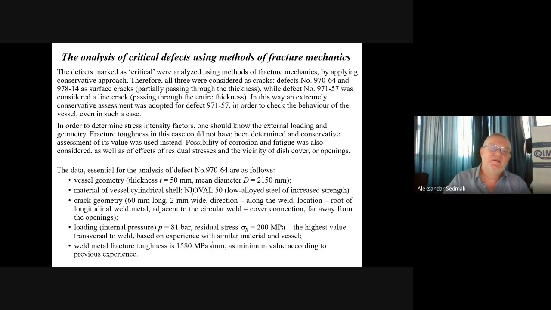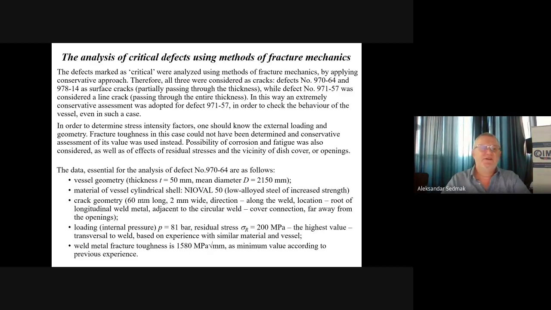Welding had to be performed very carefully, and we knew about the team who did it, and they were good, but still, just to mention that we didn't know if post-weld heat treatment was performed or not. So we had to use the worst case scenario for material property, for fracture toughness.